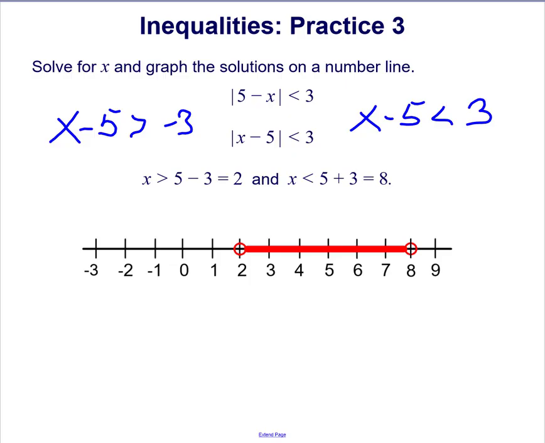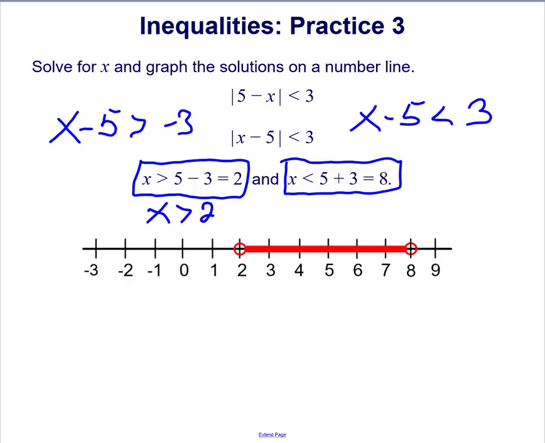So here are the simple algebraic steps. And we see that x, after I add 5 to both sides, is going to be greater than 2. And over here we have x is less than 8. So writing it out, it's going to be x is greater than 2 and x is less than 8.